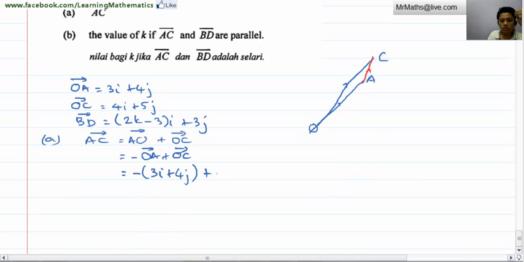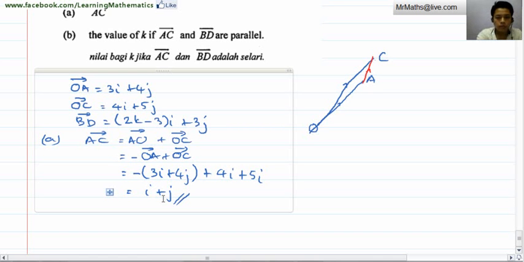OC is 4i plus 5j, which becomes i plus j. Cool. So now part B.